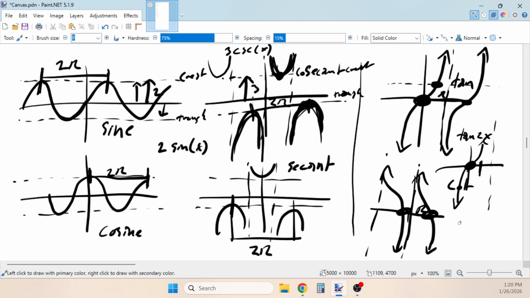Halfway between the node and the asymptote, we hit a height of y equals 2. This is where the amplitude is.